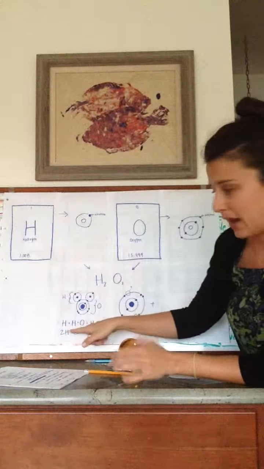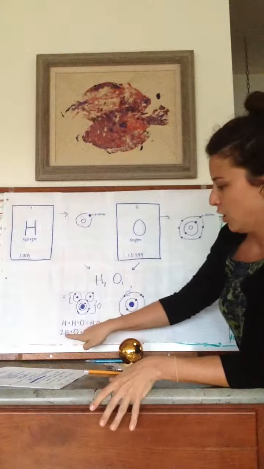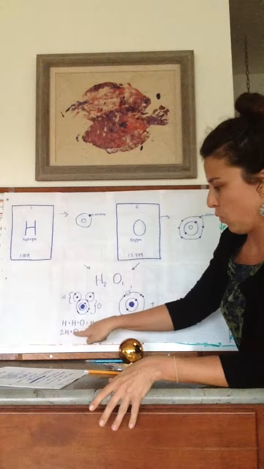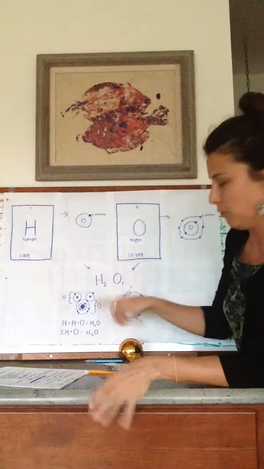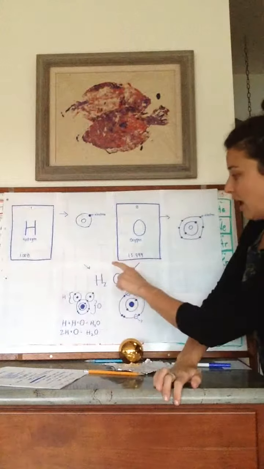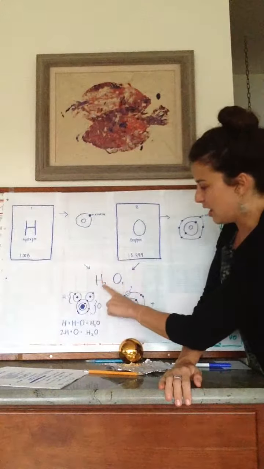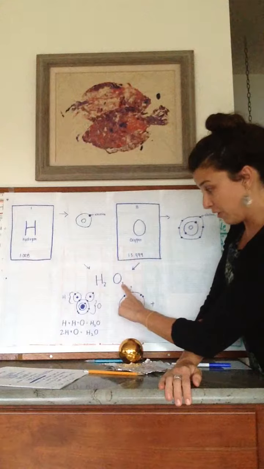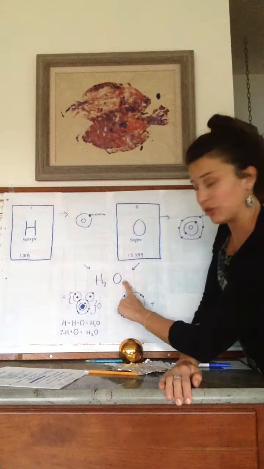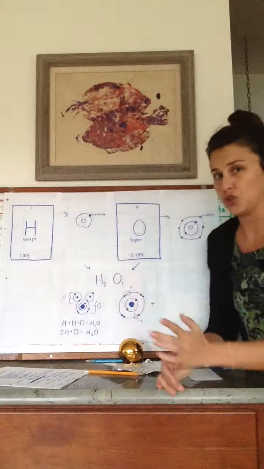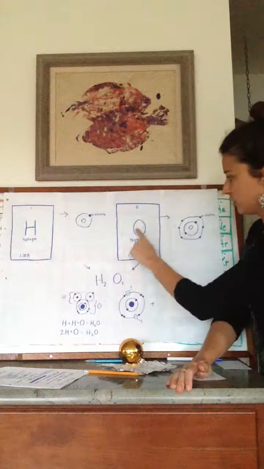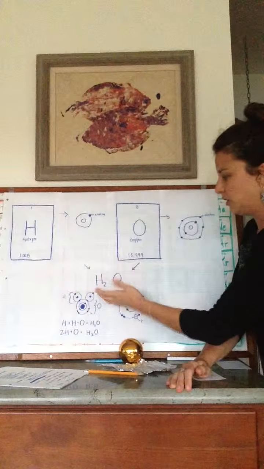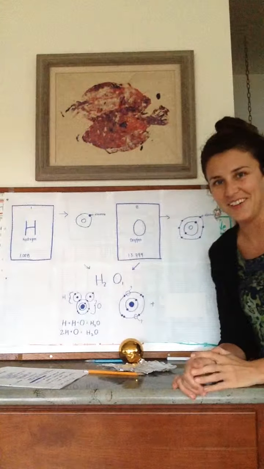And another way to write it is basically you have 2 hydrogens plus 1 oxygen is H2O. Pretty cool. Very interesting. This 1, if it is 1, it's not usually written. However, just to show you an example that with 1 oxygen and 2 hydrogens, you get water. Okay, thanks.